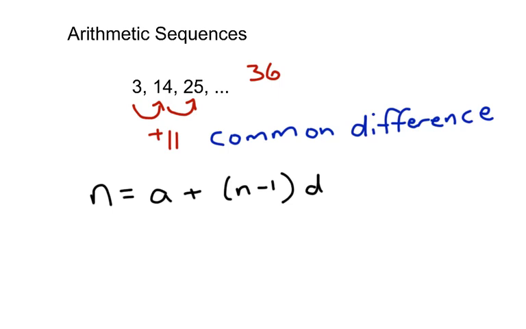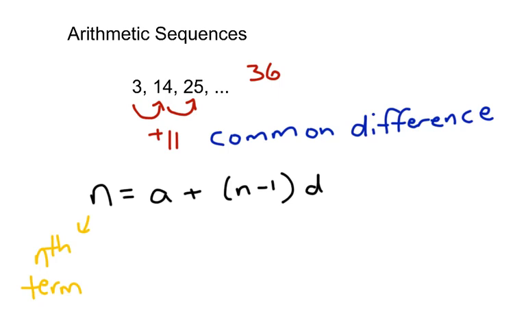N equals A plus N minus 1 times D. Don't get freaked out by the algebra look that this has to it. It's really not a very complicated setup at all. What we've got here is N is the nth term, and what that means is, is it the 20th term, is it the 61st term, is it the 138th term?